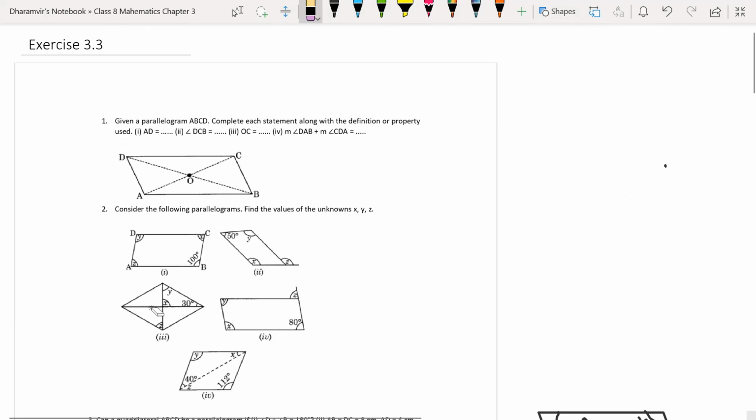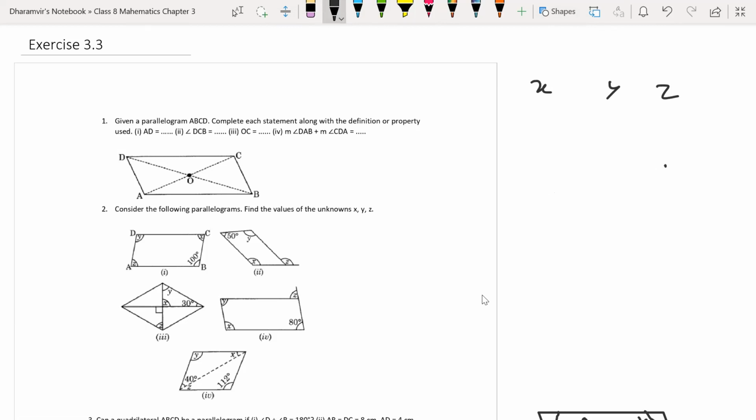Figure 3. What does this figure 3 state? There is angle x, angle y, and angle z. One angle is given 30 degree. So how can we calculate?